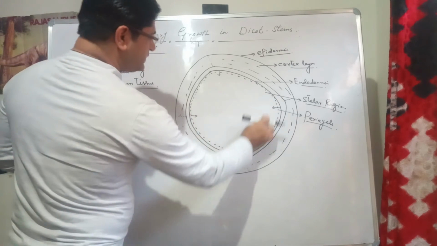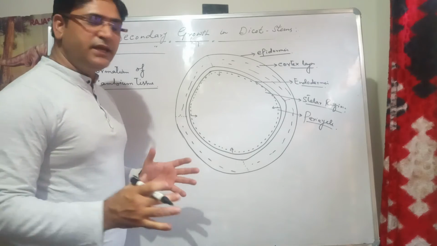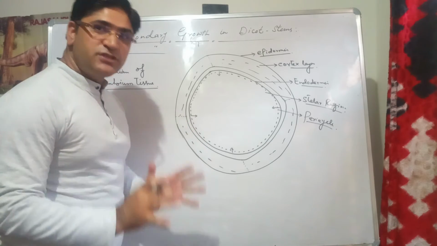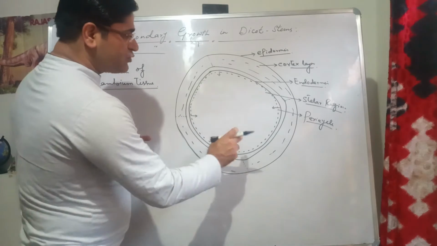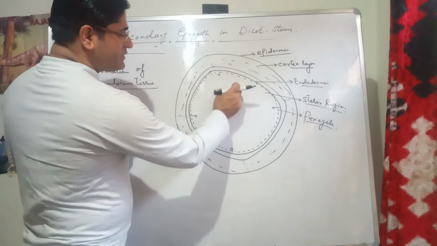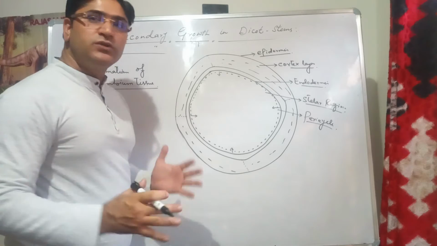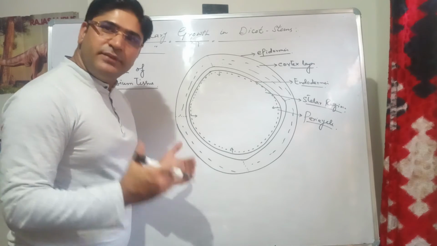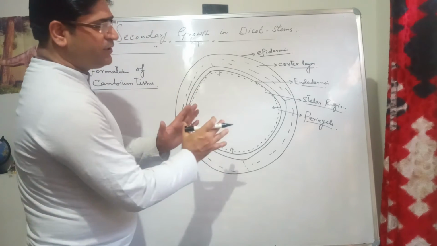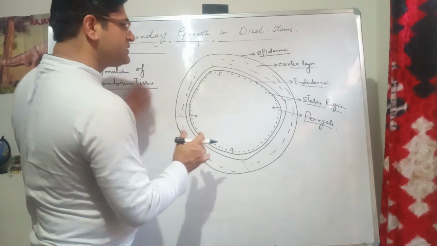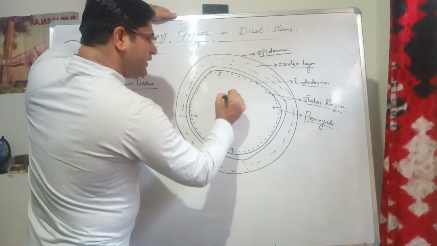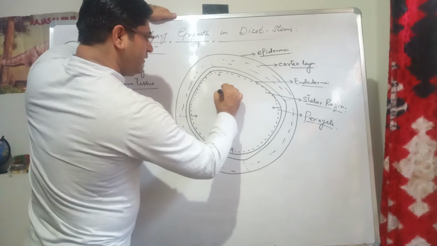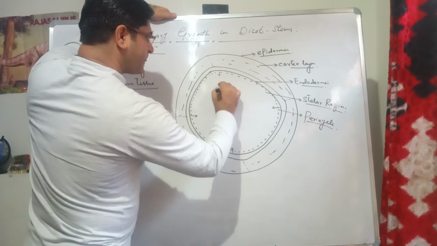Now in this stellar region, there is the arrangement of the vascular tissue. You know that vascular tissue in dicot stem is formed by vascular bundles. And all the vascular bundles in the dicot stem are arranged in a ring manner. Like this.